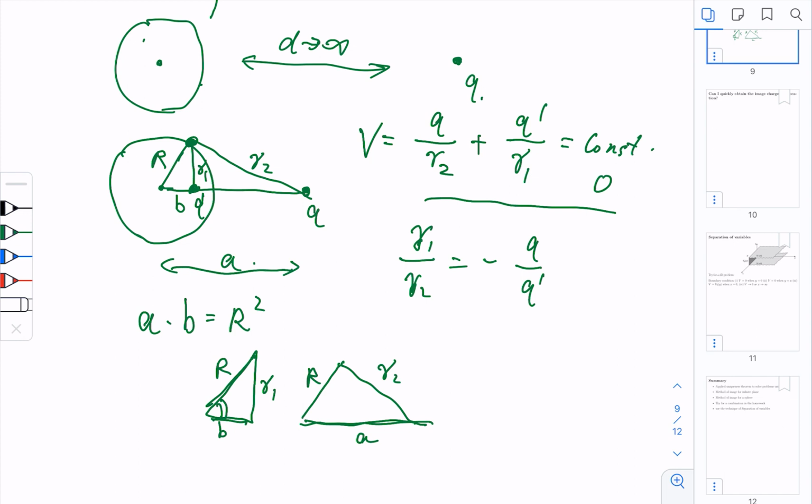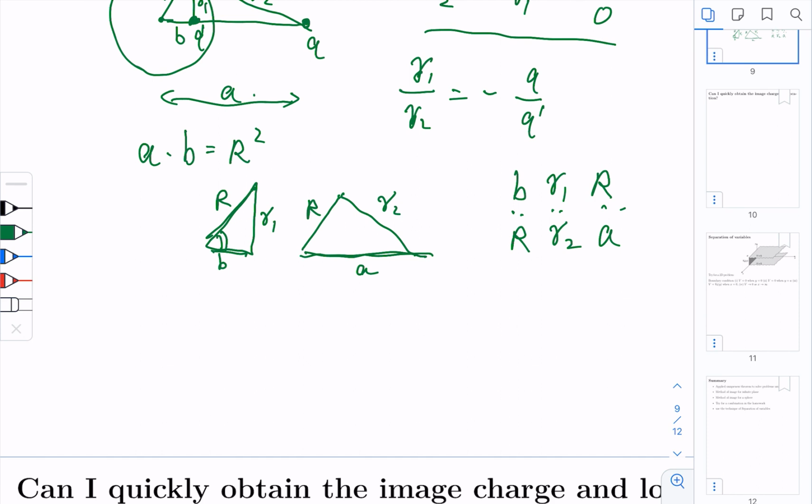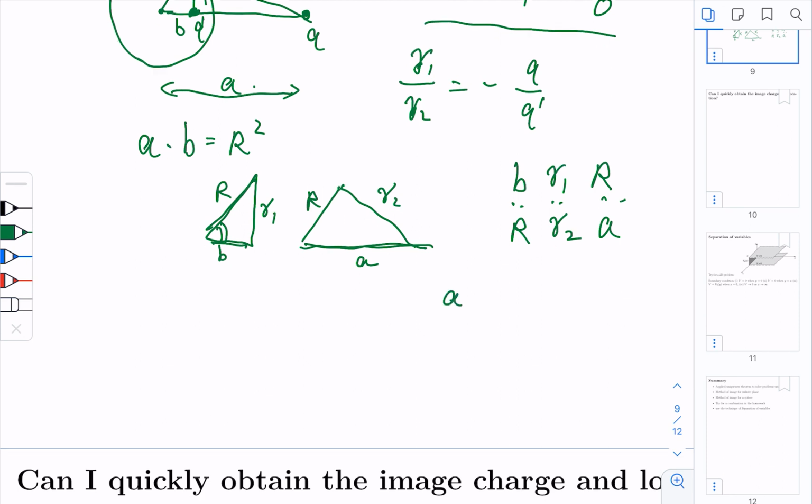So this means that the ratio of A gamma 1 R, sorry, B gamma 1 R and R gamma 2 A should all be the same ratio, and the ratio of them should be A over R, right?